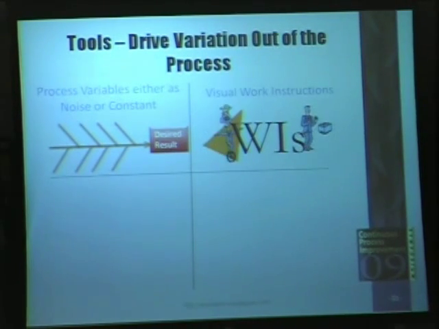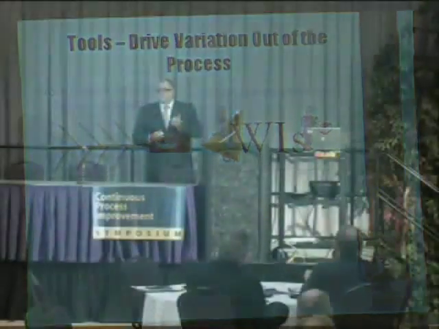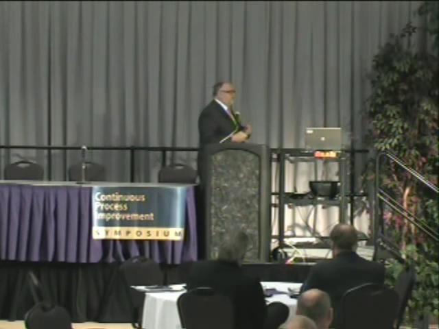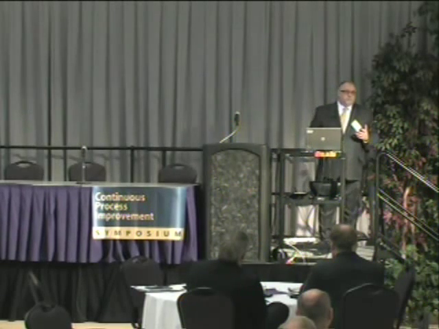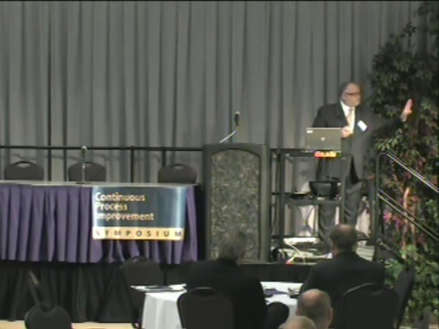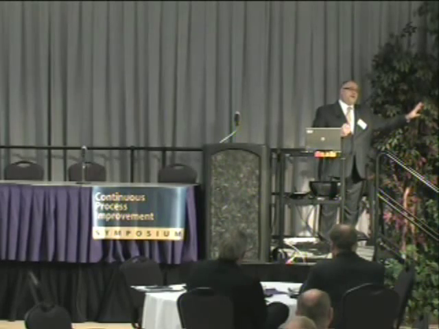We do visual work instructions. I've got visual work instructions in this section here because visual work instructions are about process reliability. Implement SPC. Use statistical process control. Yeah, this requires actual data gathering.